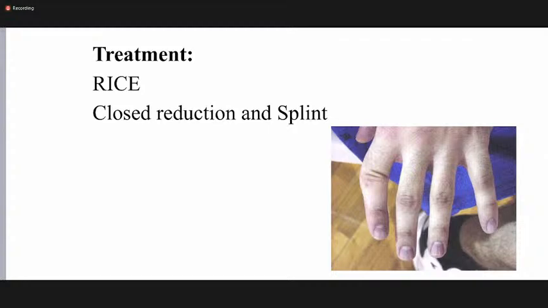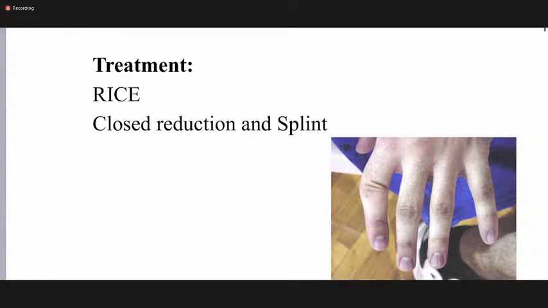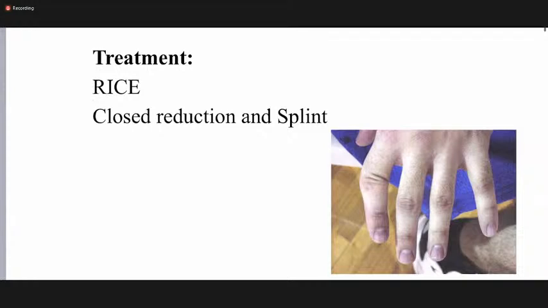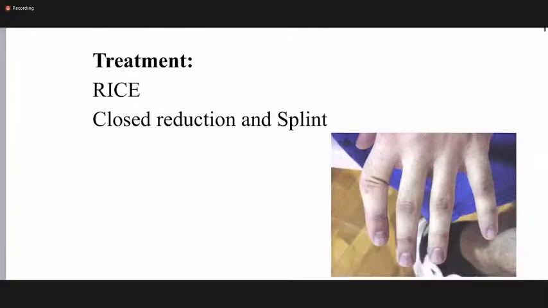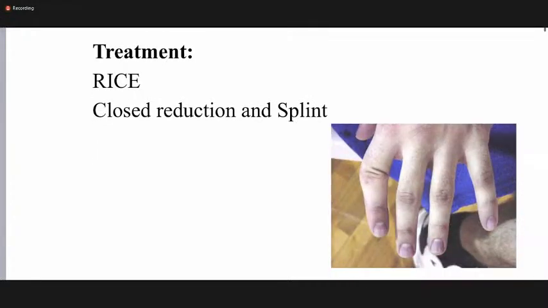So you establish it as a traumatic deformity, and then you do rest, ice, compression, elevation. You do a closed reduction and you splint it, usually for 3 to 6 weeks, and after that all is well. If there are tendon injuries, you need to address them, but in most cases splinting is sufficient.